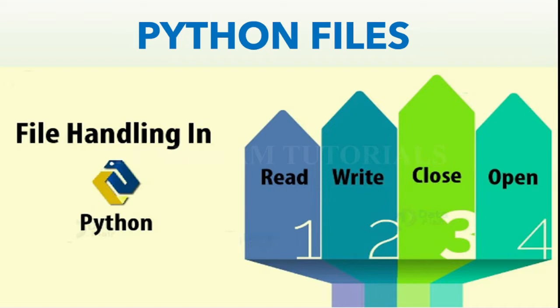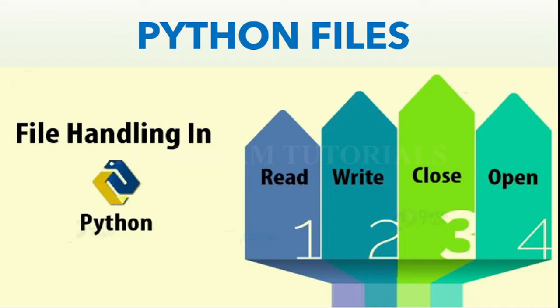In Python, file handling plays an important role when data needs to be stored permanently in a file. File handling implementation is slightly lengthy or complicated in other programming languages, but it is easier and shorter in the Python programming language.